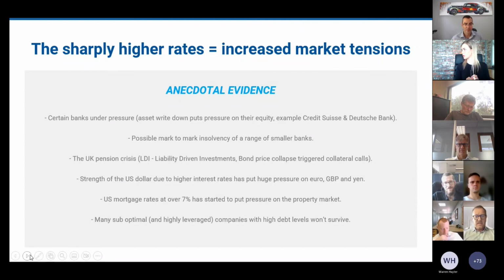I mentioned the UK pension crisis. Suddenly, as those yields spiked up, you've got a lot of pension funds in the UK which are driven by liability-driven investments. Essentially, they've had to reach more and more in a lower return environment, where they've got this obligation to their pensioners.